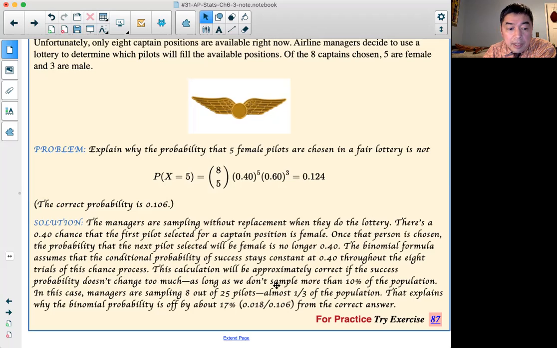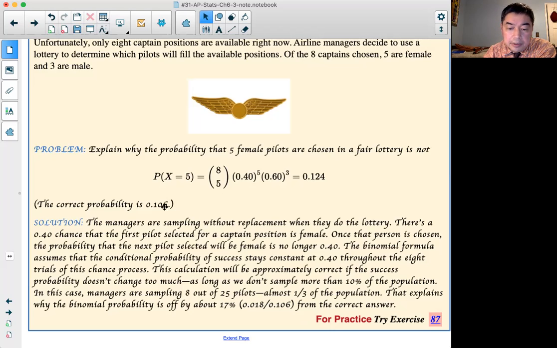In this case, the managers are sampling 8 out of 25 pilots, almost 1/3 of the population. That explains why the binomial probability is off by 17%, which is 0.018 over 0.106, from the correct answer.